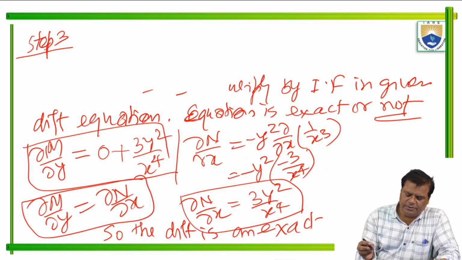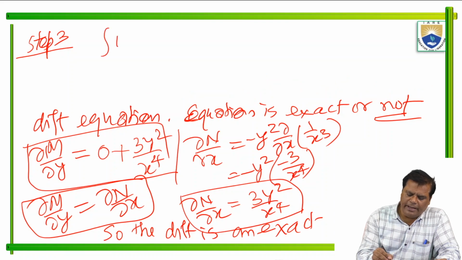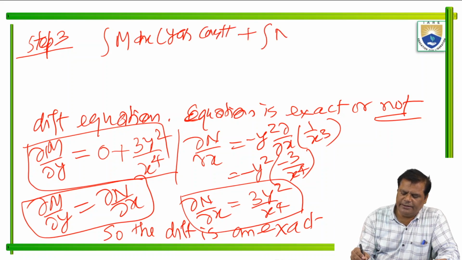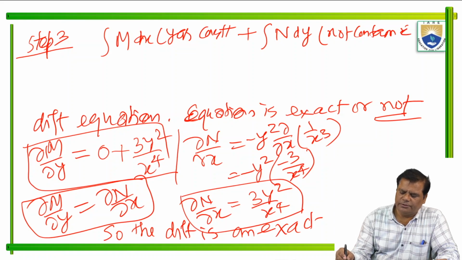Exact means integrating M dx, treating y as a constant, plus integrating the terms of N dy that do not contain x, equal to a constant c.